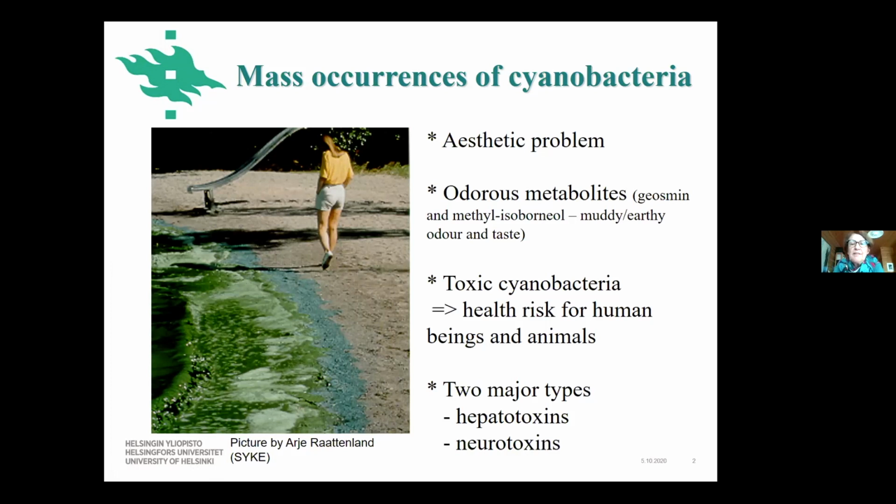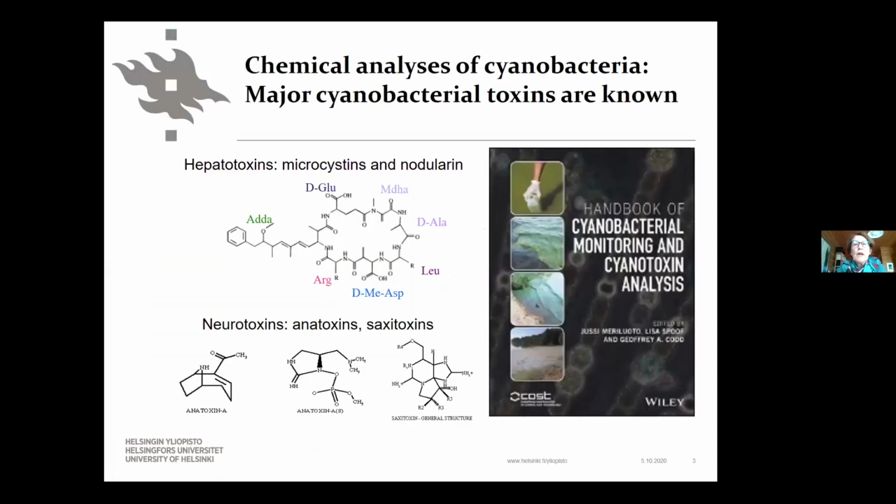And we know that there are two major types of toxins, hepatotoxins and neurotoxins. Here you can see the chemical structures of cyanobacterial toxins. There are these hepatotoxins, which are cyclic peptides. This picture is of microcystins, but nodularin is very similar.